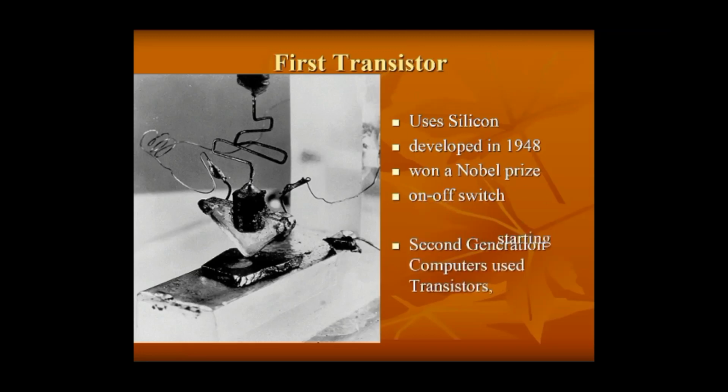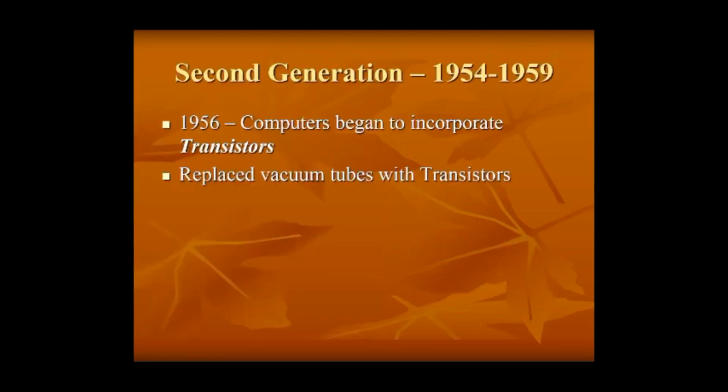Second generation computers used transistors starting in 1956. Again, the second generation actually started 1954 to 1959. We began using transistors in computers in 1956. So the transistor actually replaced the vacuum tube.